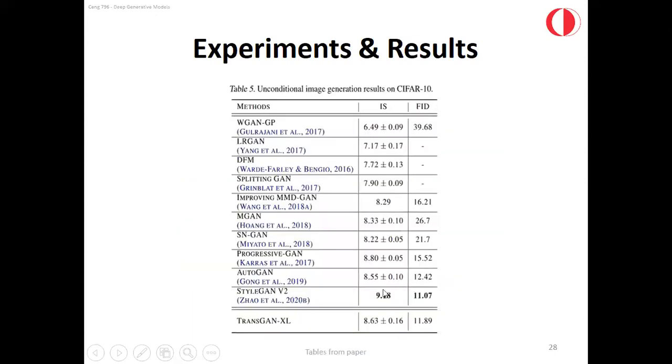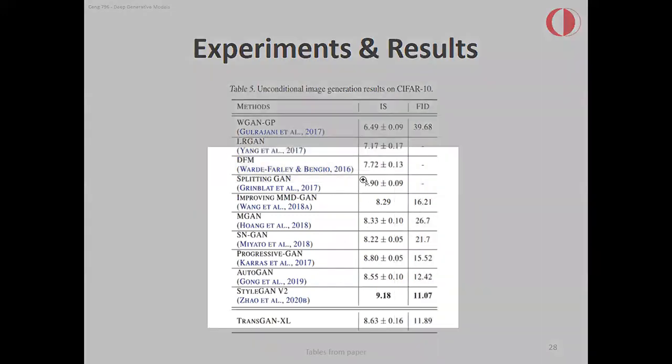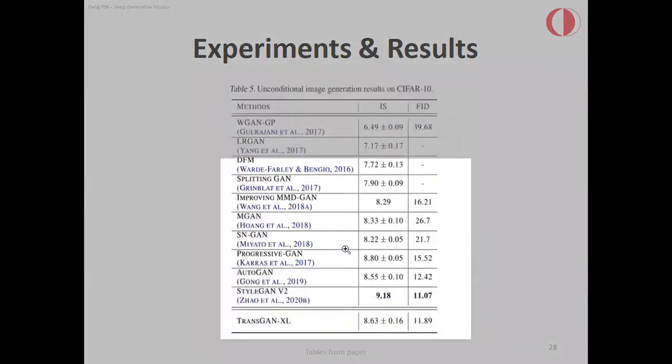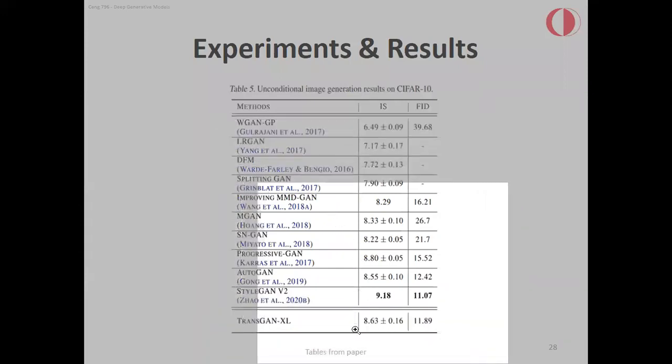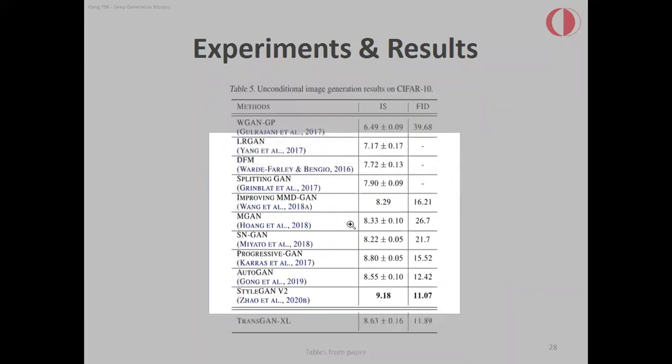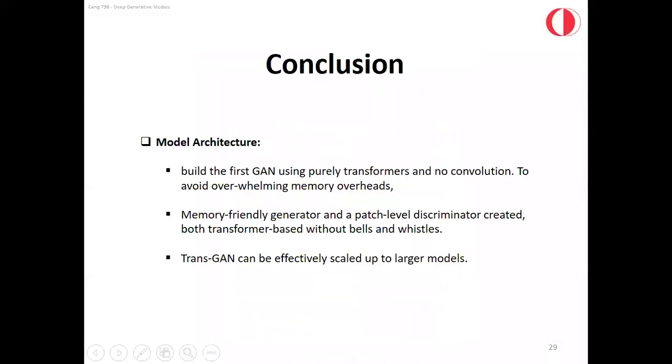So this is the comparison table with the other GAN models. We could see that TransGAN is very competitive with other GANs. So as a conclusion, we could say that this is the first time that a GAN has no convolution and is built purely with transformers.